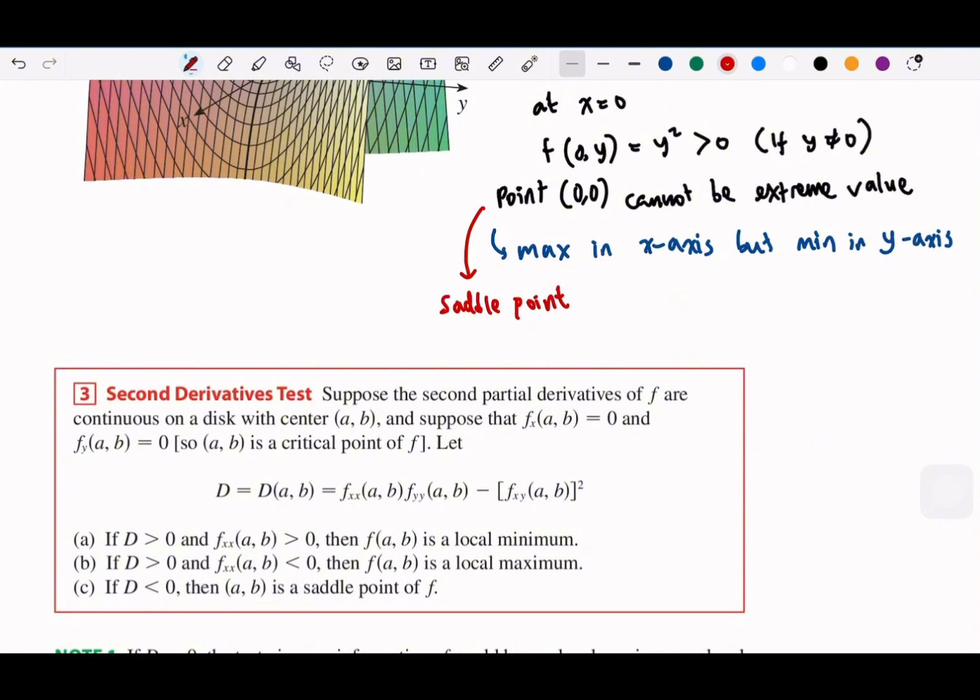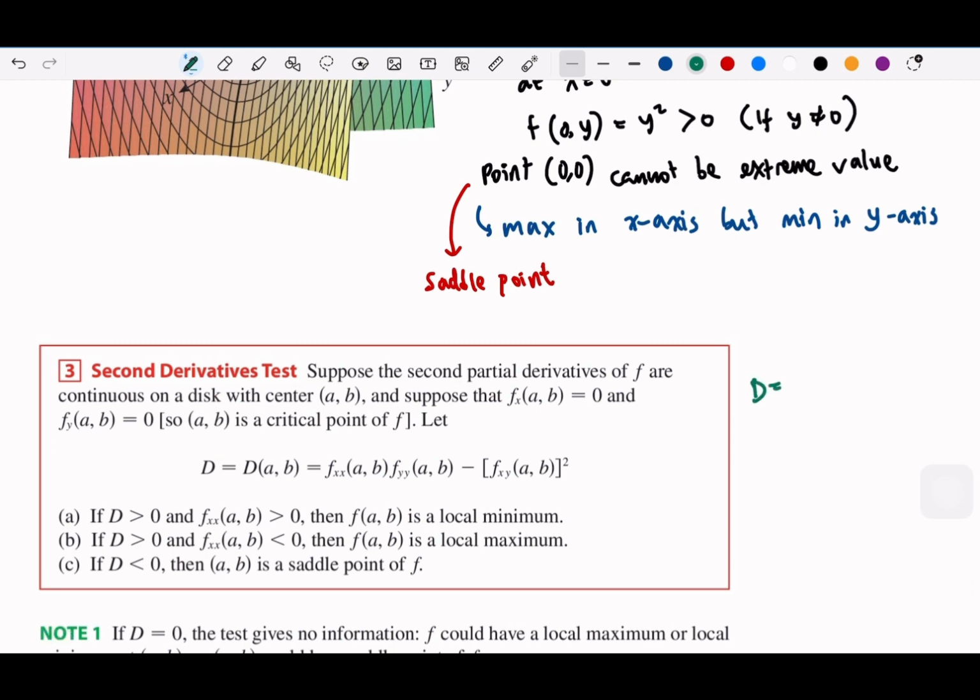Or in another way, if we write it as a determinant in the matrix form, D is, if you remember, for A, B, C, D this equals AD minus BC.